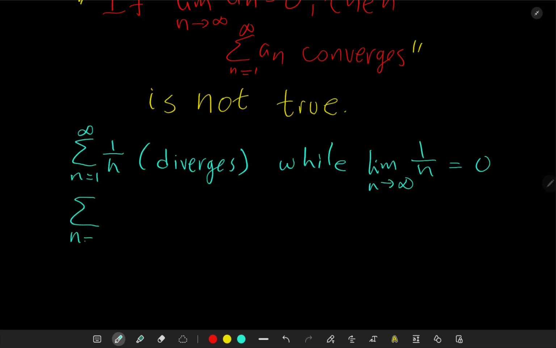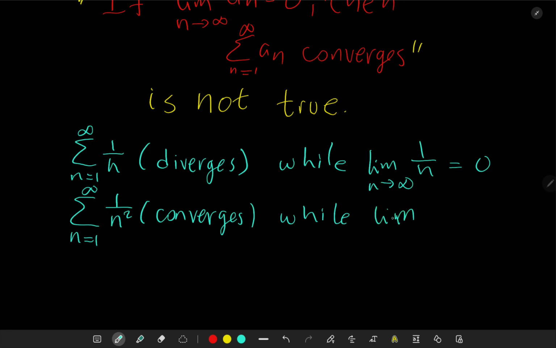Now, in contrast, to tell you that both things can happen: this other one we know converges, and it converges to pi squared over 6. So here this one converges, and while the terms of the series, or rather the sequence of summands, also converge to 0.